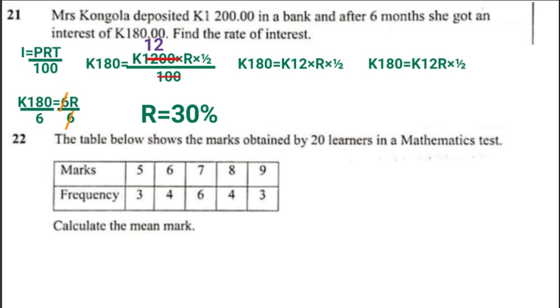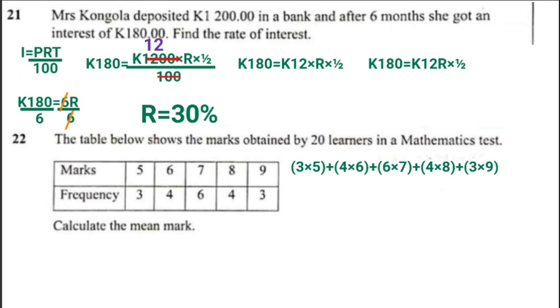So we're asked to find the mean mark. What we are supposed to do here is multiply the mark by the number of learners who got that. Then we add all the products. So we say 3 multiplied by 5 plus 4 multiplied by 6 plus 6 multiplied by 7 plus 4 multiplied by 8 plus 3 multiplied by 9.